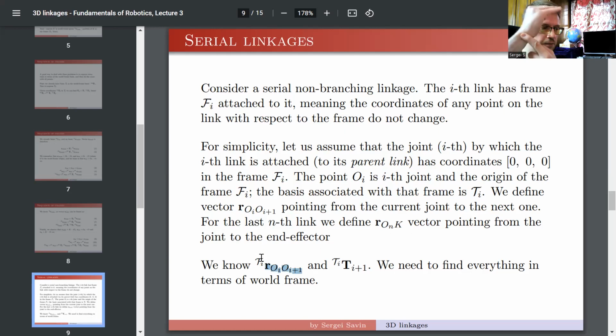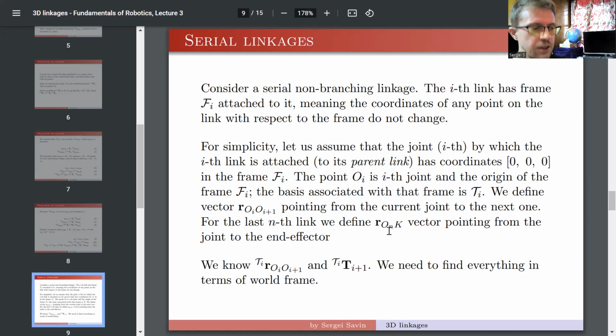So there's joint 1, link 1, joint 2, link 2. This vector O1 O2, we know it in terms of frame 1. And we need to find everything in terms of the world frame. By everything, I mean the position of all joints and the effector, the orientation of all links, all this kind of stuff.